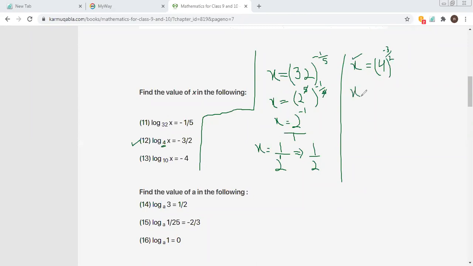What should we do, class? How to simplify? Any idea? Tell me, students. Miss, bracket 2. Yes, 4 is contracted, power 2 is contracted, and minus 3 upon 2.